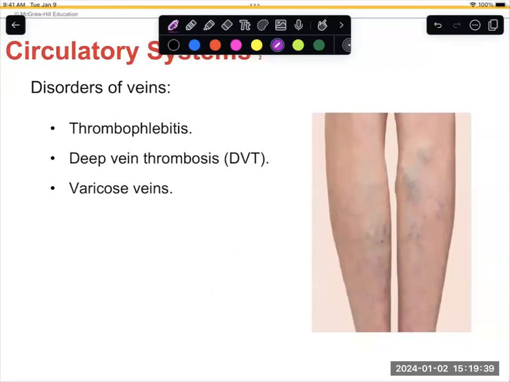Thrombophlebitis is an inflammation of the lining of those veins. Deep vein thrombosis is a blood clot in a vein that can be caused by immobility, prolonged travel, and contraception usage, such as estrogens.